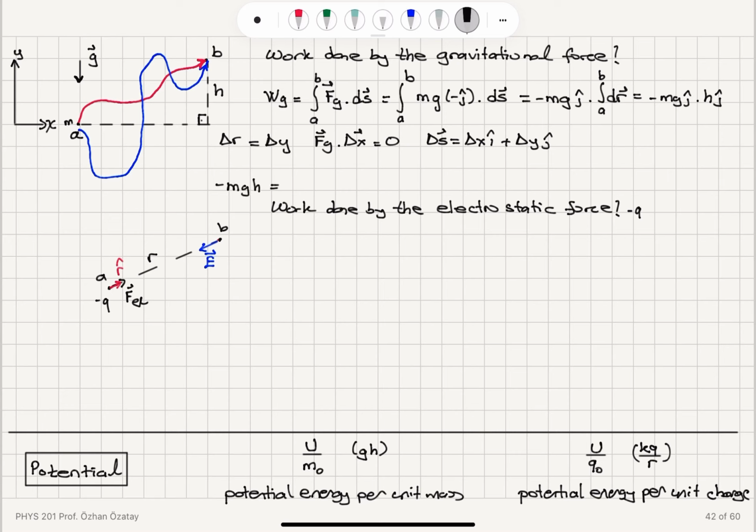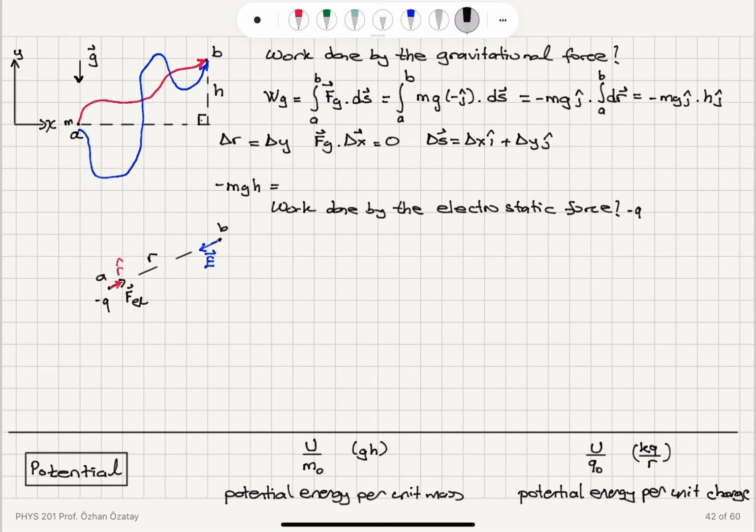So if I set the potential energy reference at A to be 0 and the position A to be 0, then I find that the potential energy at point B would be minus QE R. Because RB minus RA is 0 here, this would be equal to minus QER for this example.